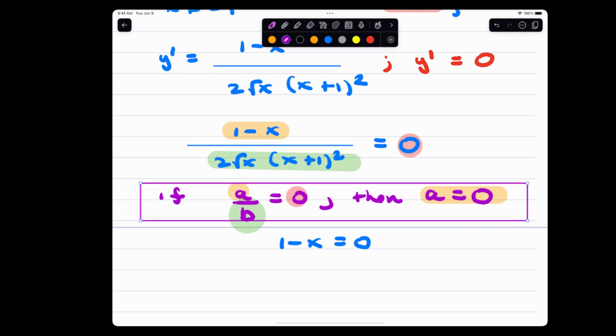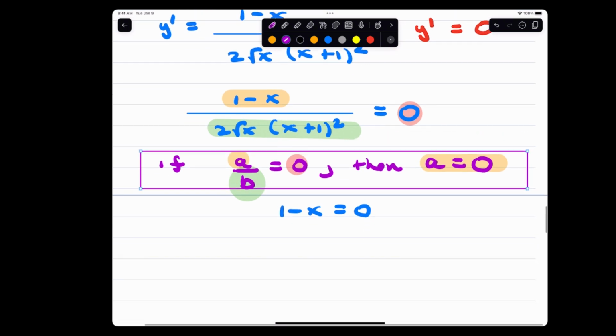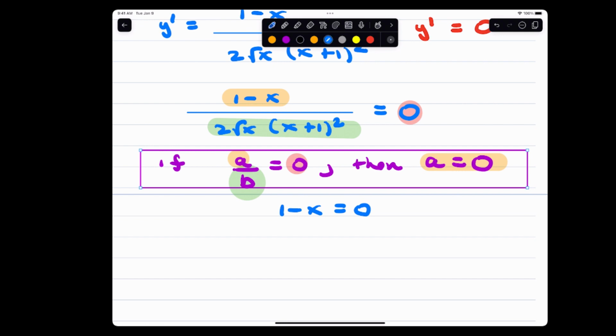I'm going to put that in a box, okay? So if I solve this for x, how do we solve that linear equation for x? Can I add x to both sides, maybe? And then I get x equals, well, positive 1. What's so important about this solution?